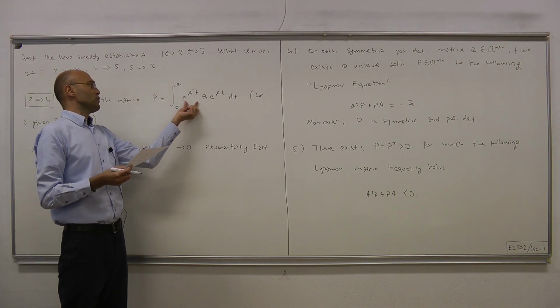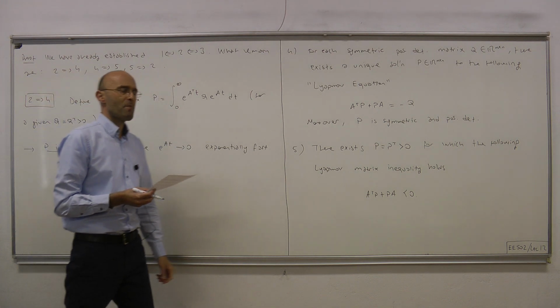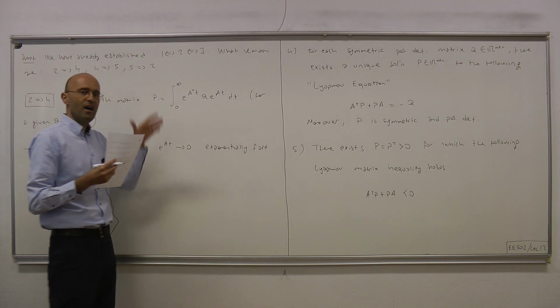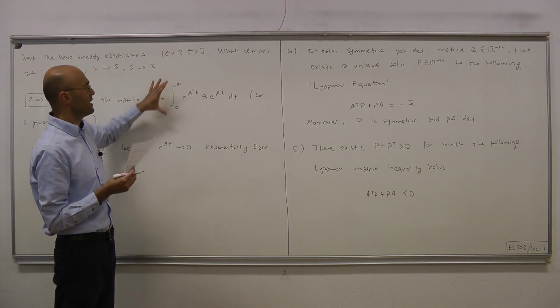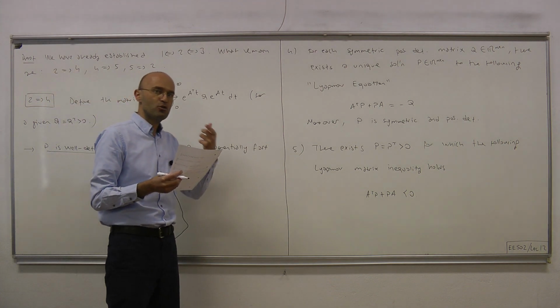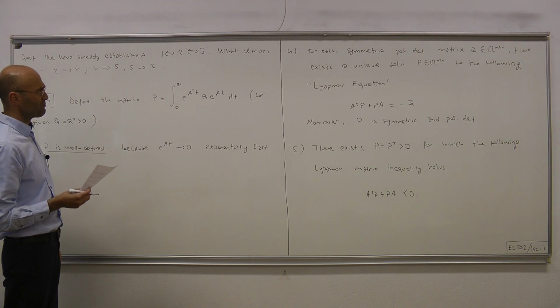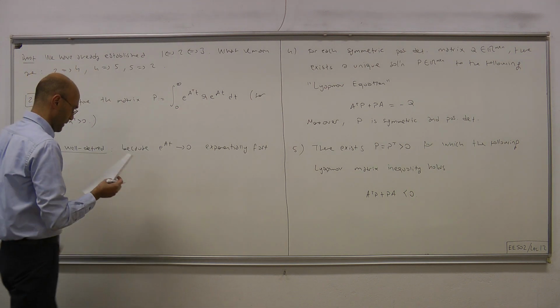It is not difficult to see that e to the A transpose t is also exponentially decaying to 0, and Q is a constant matrix. Therefore, the whole integrand is exponentially decaying to 0. Therefore, even though the interval of integration is of infinite magnitude, this integral still produces something meaningful.